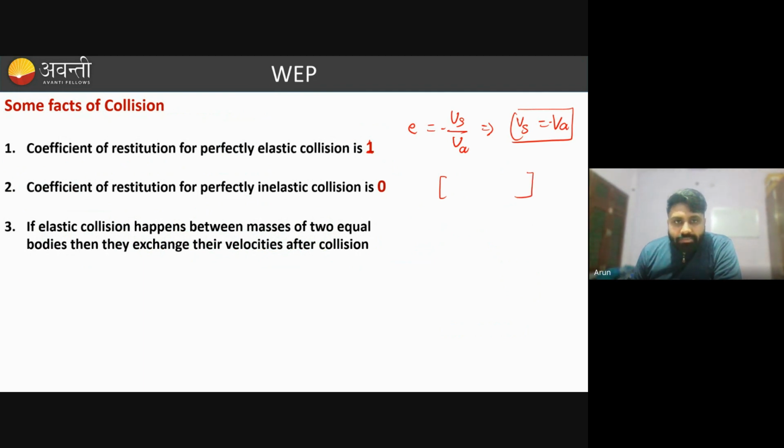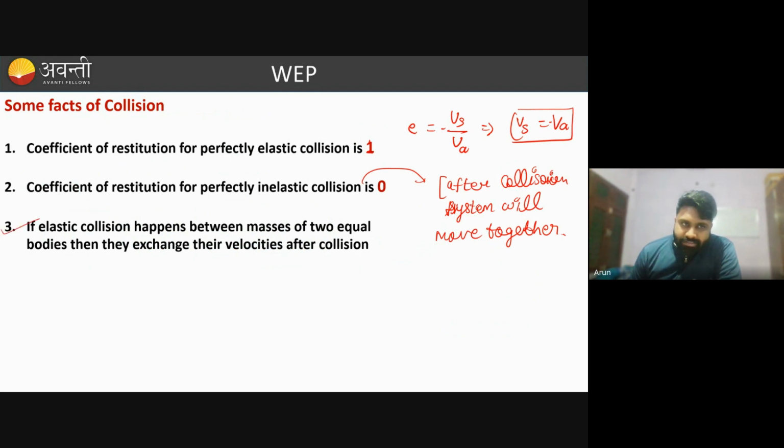In this perfectly inelastic collision, after collision, the system will move together. It behaves as a single system.